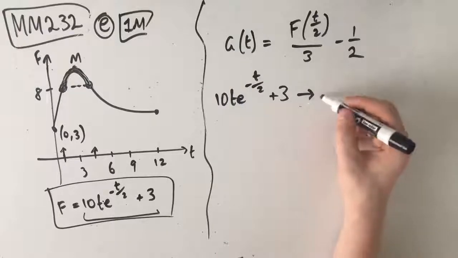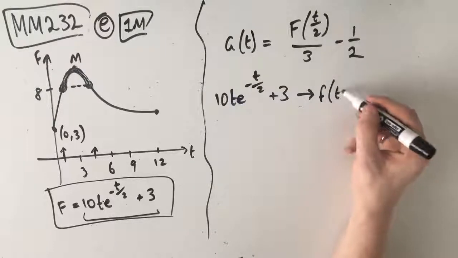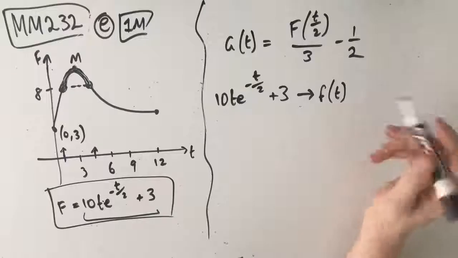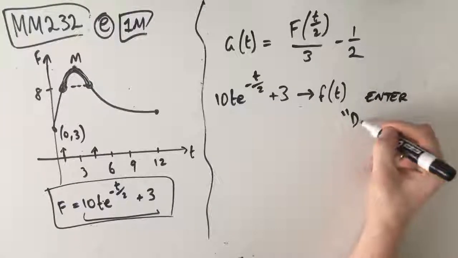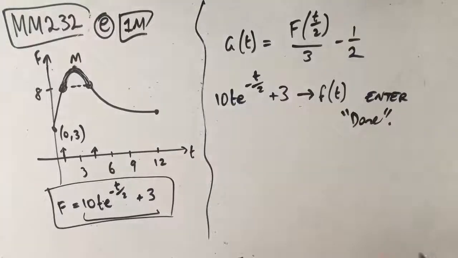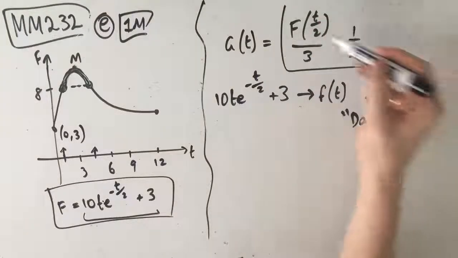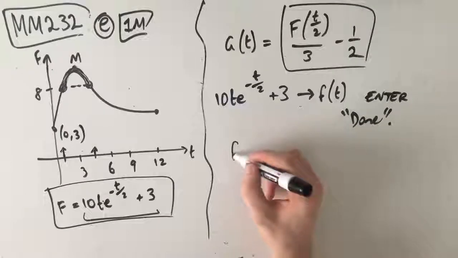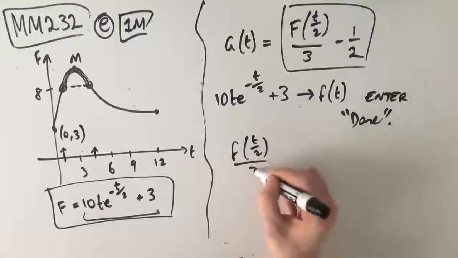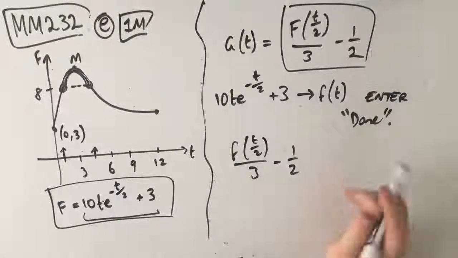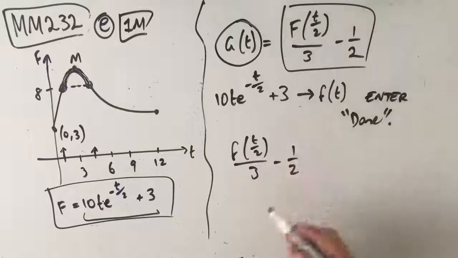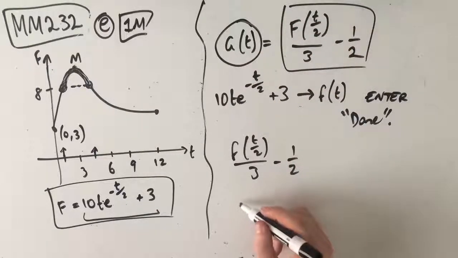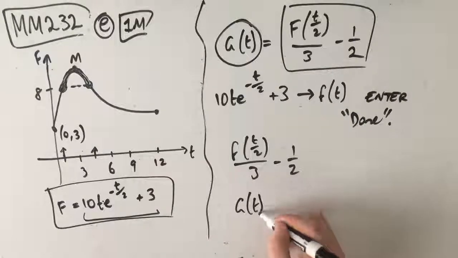That's the button you want to click, and then you type F bracket T bracket, click enter, and it'll say done. Then what you want to do is just type this into your CAS. So you would then type F of T on 2 divided by 3 minus 1/2, click enter, and it will give you the answer.